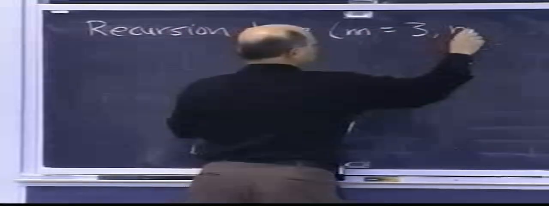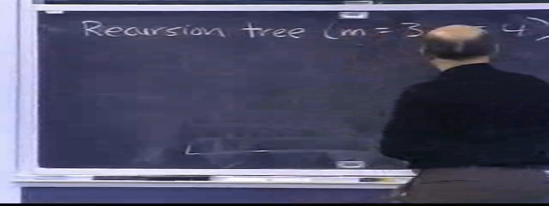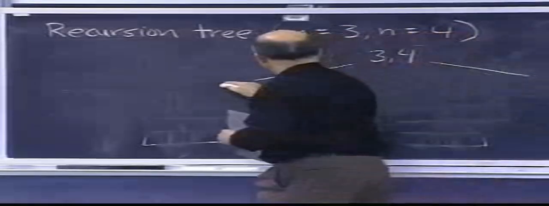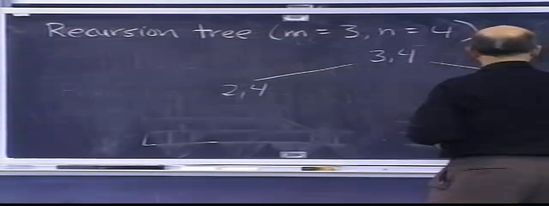Okay, so let's do a recursion tree. I'll just start it out when m is 3 and n is 4. Let me write the arguments. So 3, 4 is going to spawn two subtrees, one of 2, 4, and the other of 3, 3.